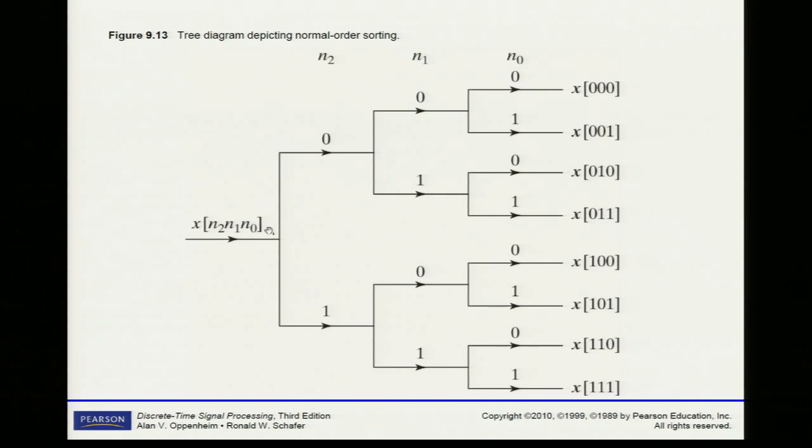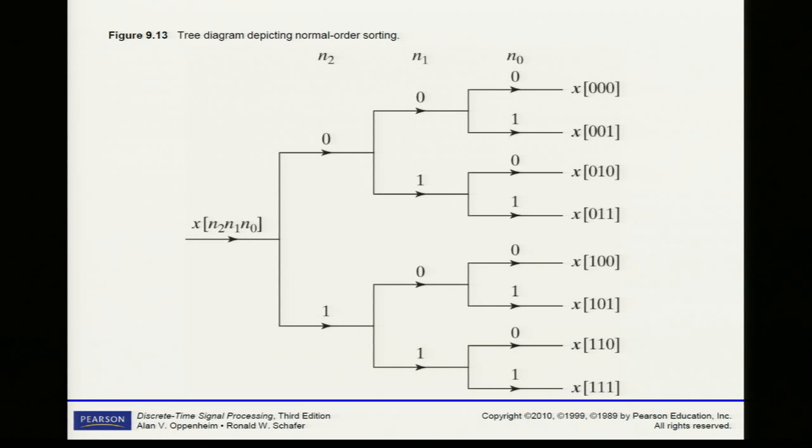So let's sort, is what they're going to do, based on the most significant bit, then the next, and then the next. So they put this N2 here, 0, 1, and sort based on the second digit, 0, 1, and then based on the third, 0, 1. When you do that, 0, 0, 0 gives you that index. 0, 0, 1 gives you this index. And you look at it, it's just 1, 2, 3, 4, 5, 6, 7, just what you'd expect. So nothing new there.